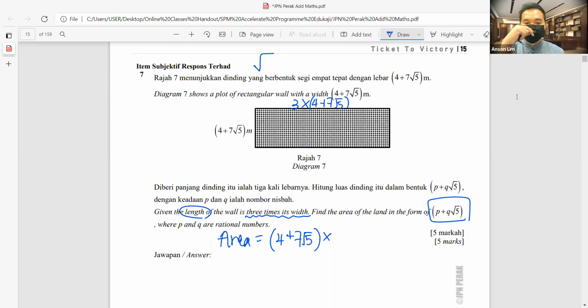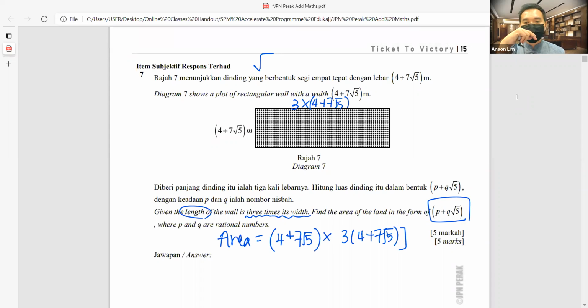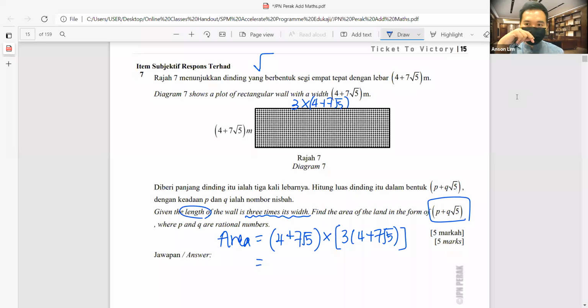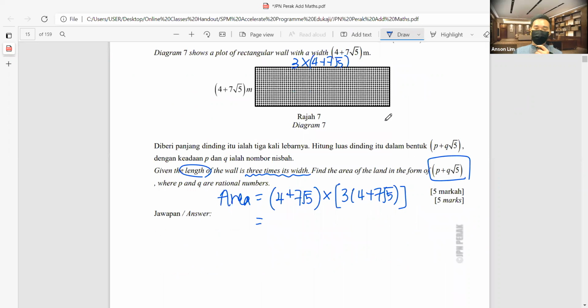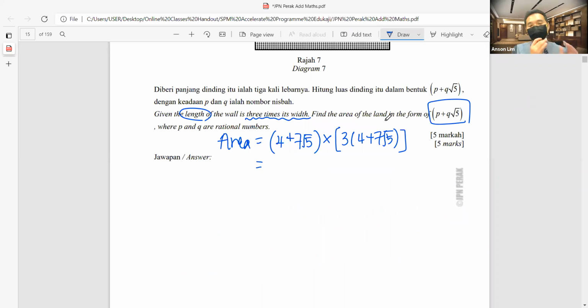This is width, this is length. Okay, so that's how you do it. It involves Form Three content. So your job is to know how you are going to solve it.